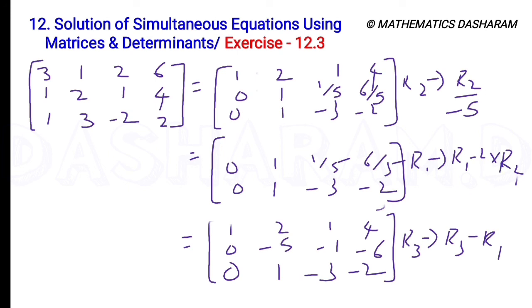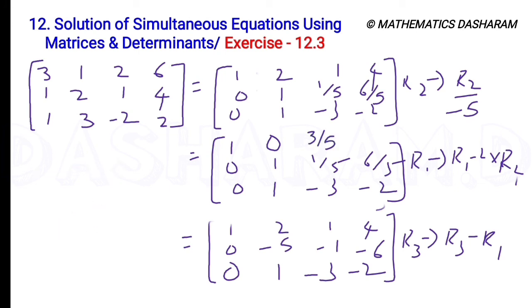So 1 minus 2 into 0 is equal to 1. Next 2 minus 2 into 1 is equal to 0. 1 minus 2 into 1 by 5. So LCM is 5. 5 minus 2, it is 3 by 5.